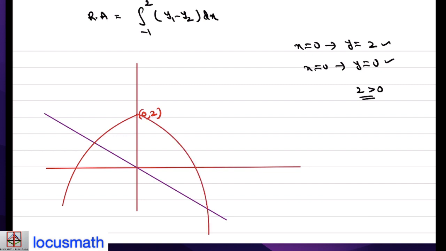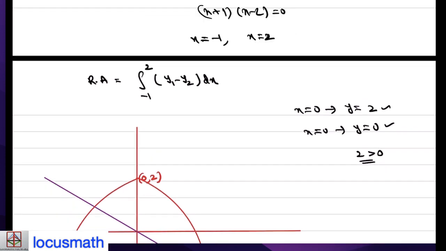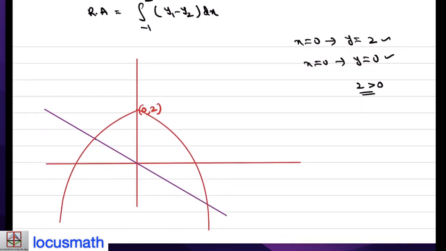This is the parabola. And what are the points of intersection we found just before? The points of intersection are -1 and 2. Kabatti this x coordinate is -1 and this is 2. So these are the limits. This vertical line, x equal to -1, is the lower limit.